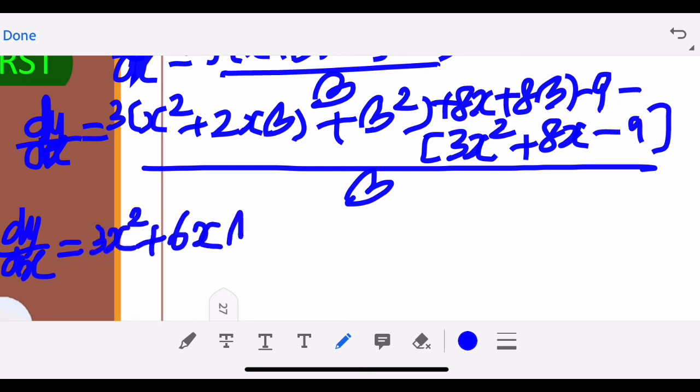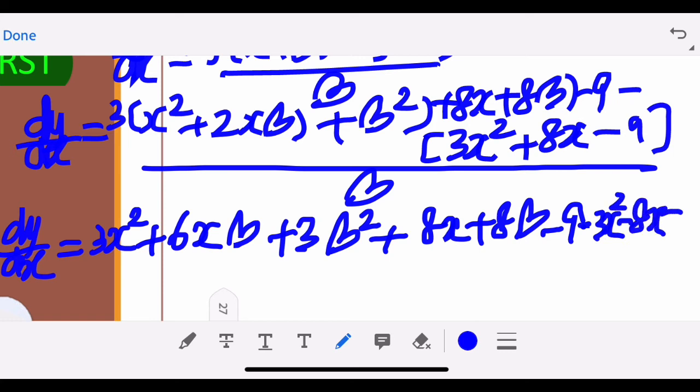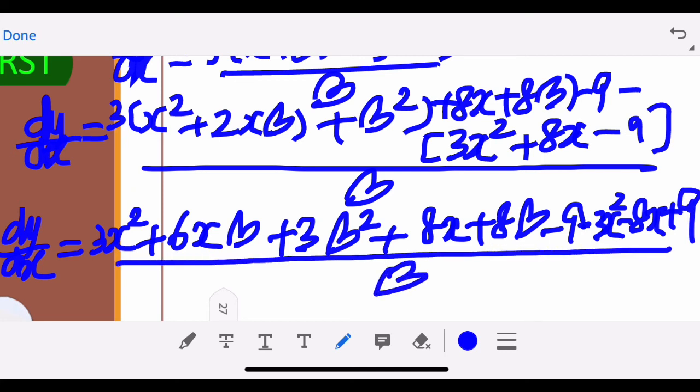So you will get 3x squared plus 6x delta shape plus 3 delta shape squared plus 8x plus 8 delta shape minus 9, and then you will have to minus 3x squared, minus 8x and plus 9. Alright, so you have to divide by the delta shape finally.